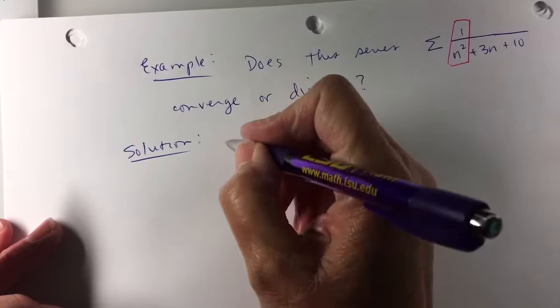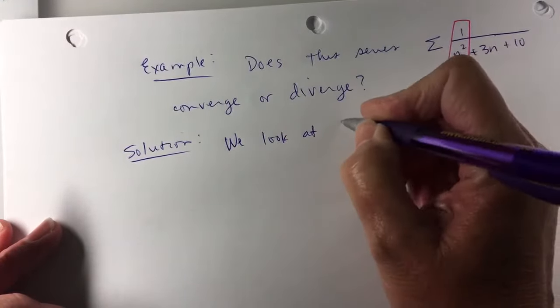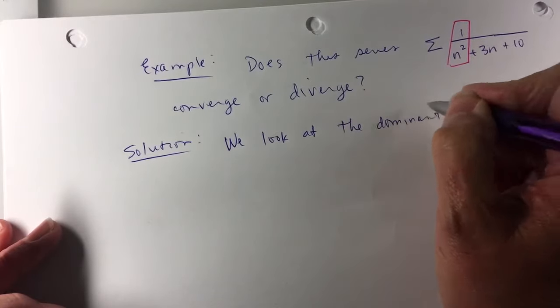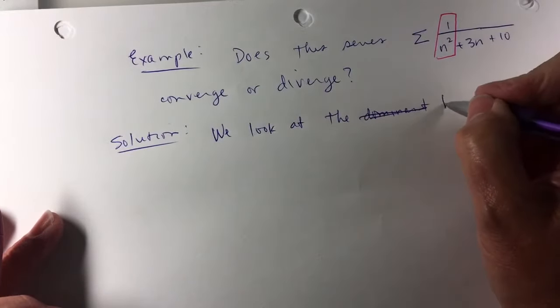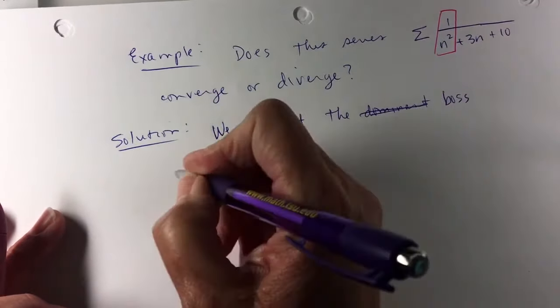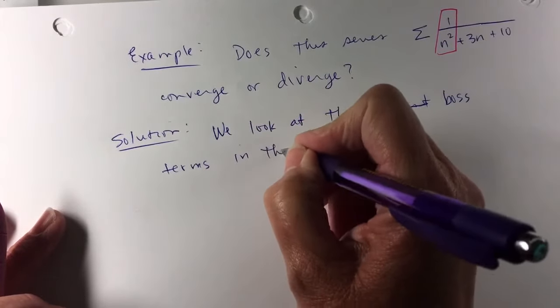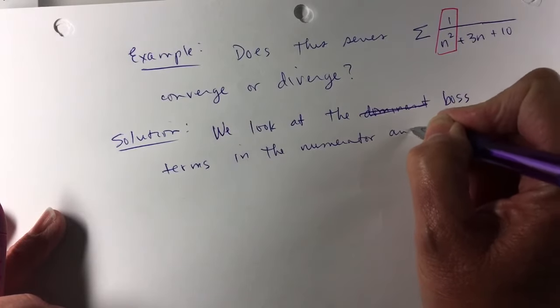So we look at the dominant terms. I'm sure I misspelled dominant there. I'm going to call it the boss. We look at the boss terms in the numerator and denominator.